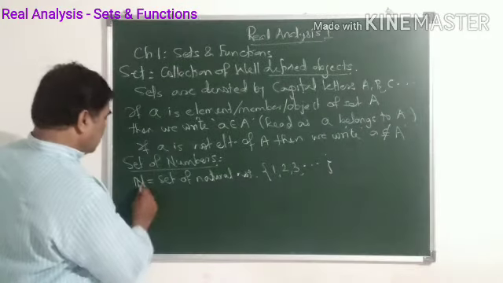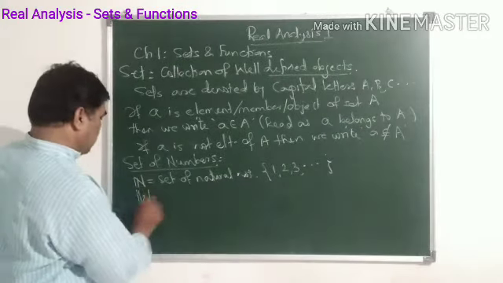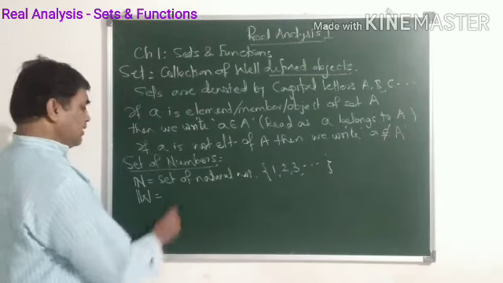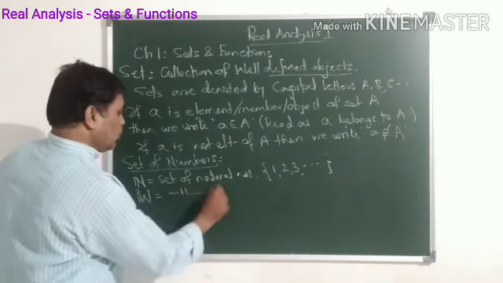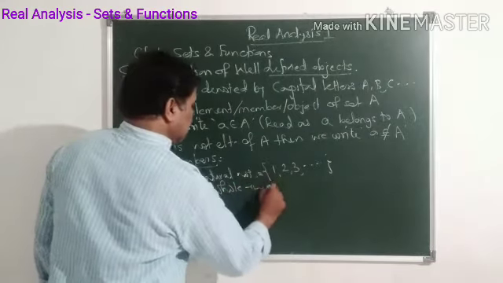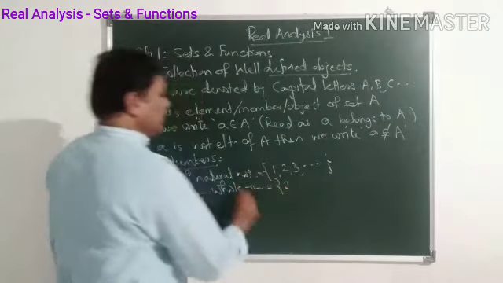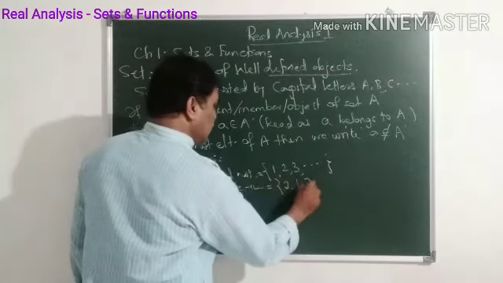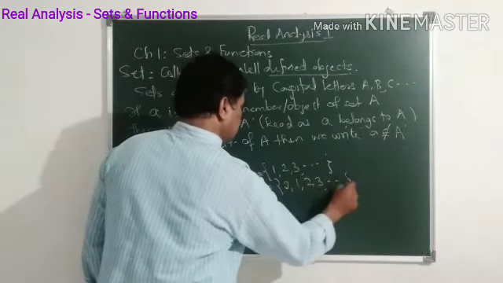Then later on, you come across the set of whole numbers, which is denoted by W. What is that set? It just contains 0 in addition to the set of natural numbers: 0, 1, 2, 3 and so on.